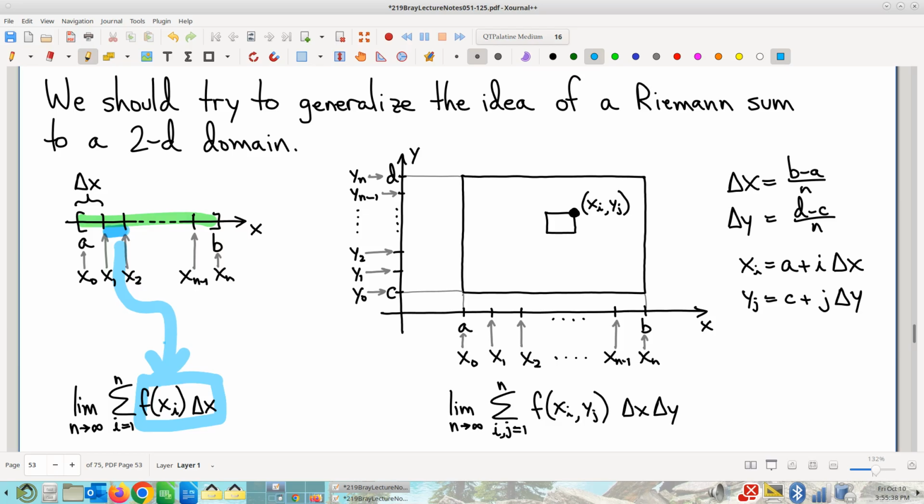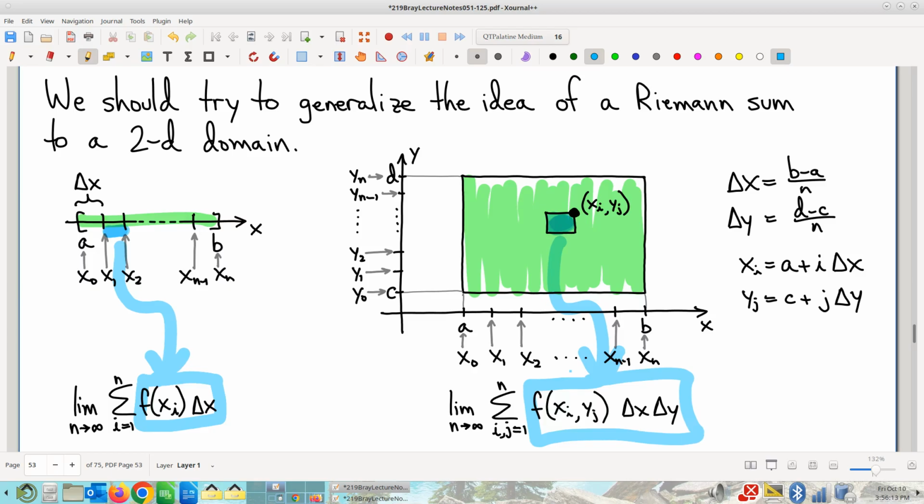Now, reminder, we generalized this, or extended it anyway, to a two-dimensional domain, but it was ultimately the same argument: we chop it up into little pieces, and depending on the application, we try to figure out how to write, on each little piece, one little piece at a time, something times area.